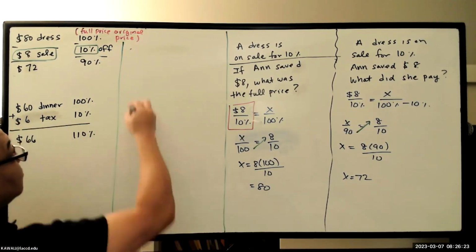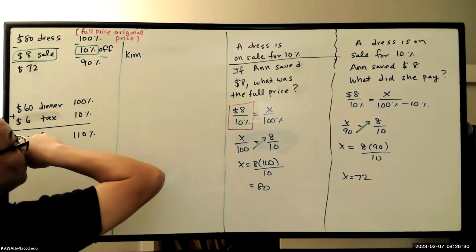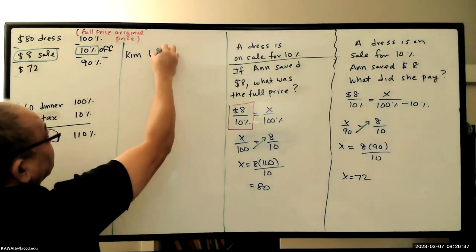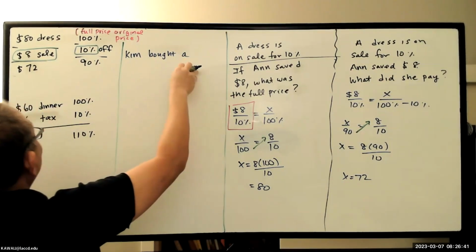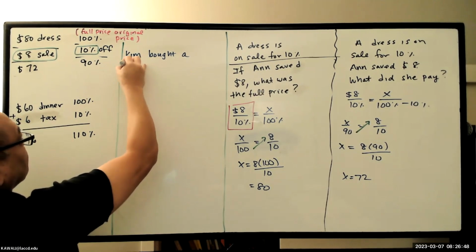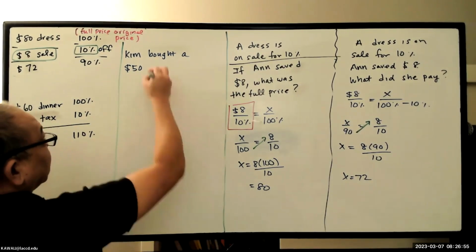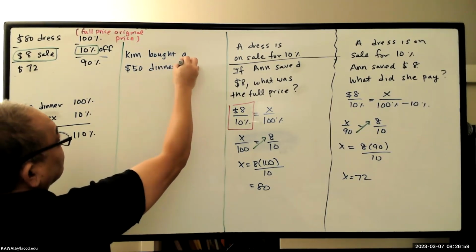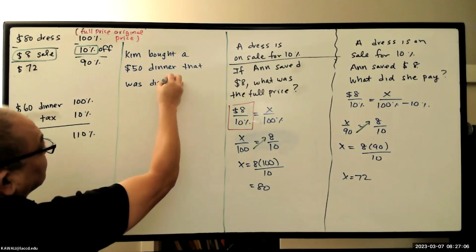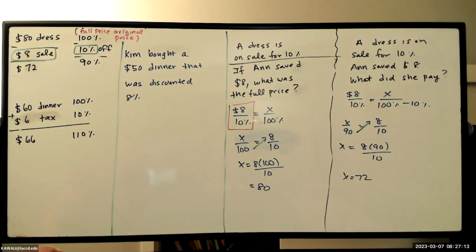So let's do something like Kim bought a $50 dinner that was discounted 8%.